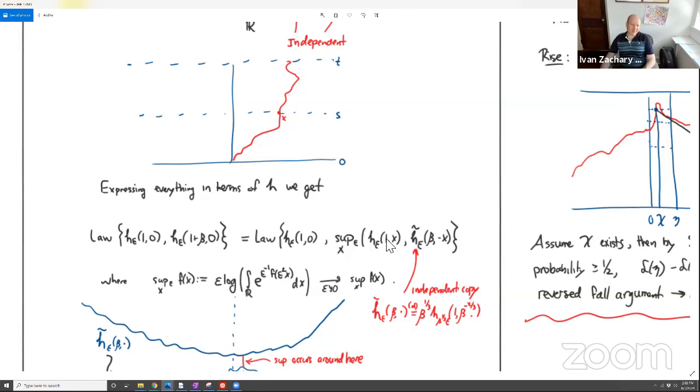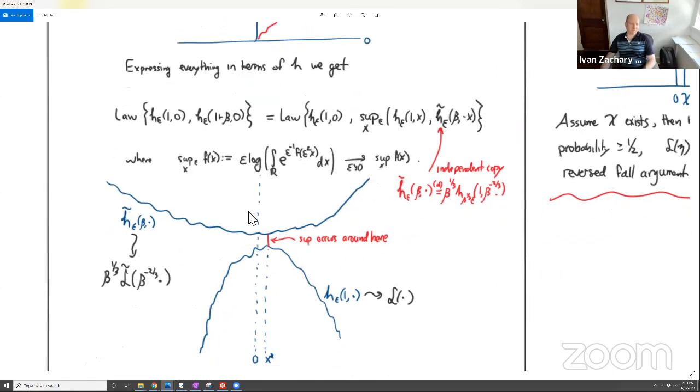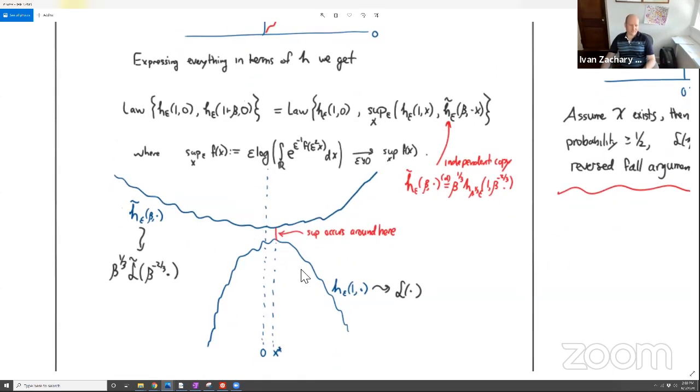And what I'll actually do is explain the argument just with the h epsilon replaced by the top curve of the Airy line ensemble minus parabola, and the same thing for the h tilde, but just with the different scaling, this beta to the 1/3, beta to the 2/3 scaling. So the whole problem kind of boils down to understanding.